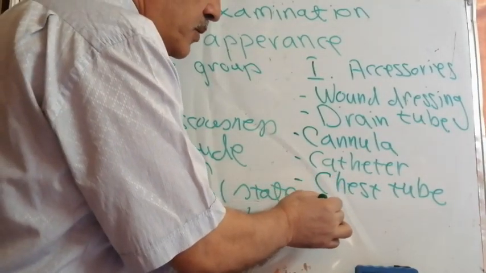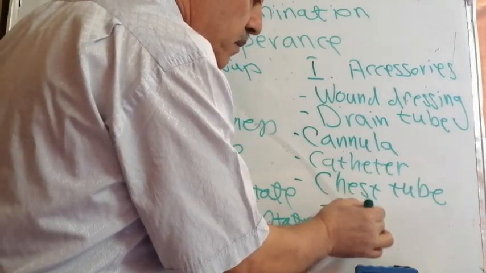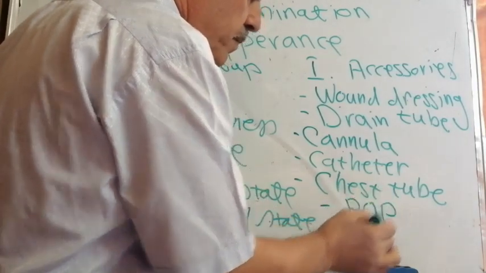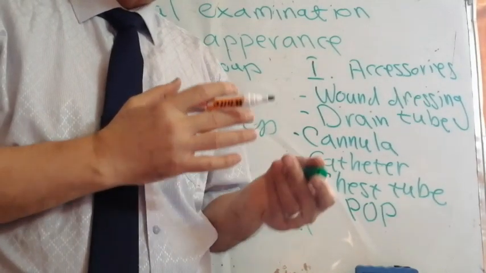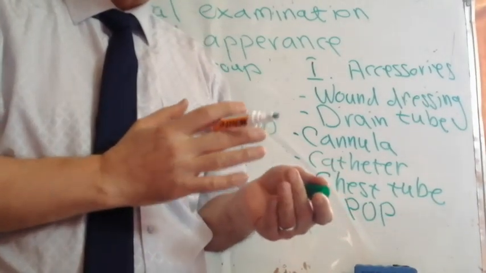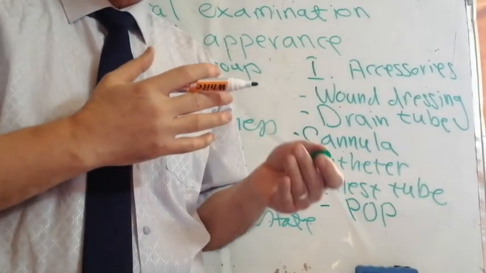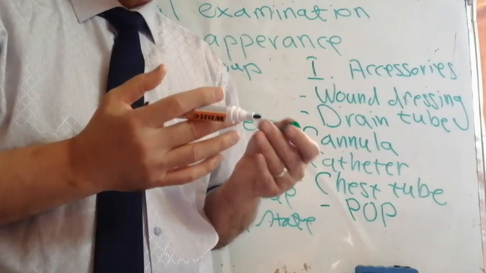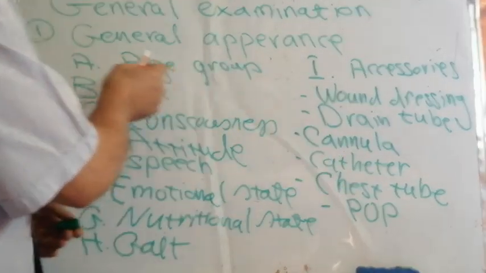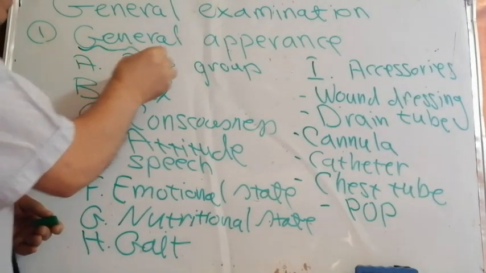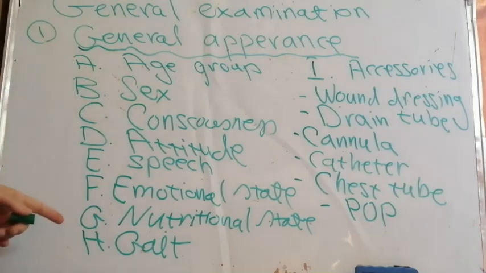Or the patient might have a plaster of Paris, we call it POP, for fractures. You should also mention where that plaster of Paris is, in the forearm, in the arm, in the lower limb, and for what type of fracture. So this is the general appearance of the patient.